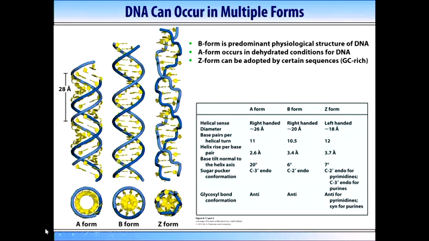The only difference between these forms is the conformation of the sugars, the so-called C3 endo pucker or C2 endo pucker, and the orientation of the base relative to the sugar.